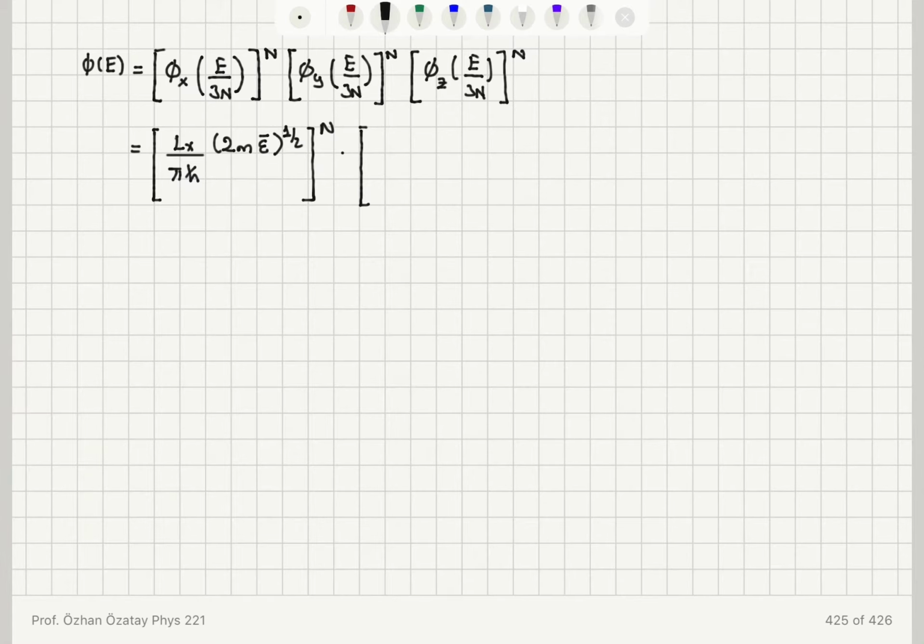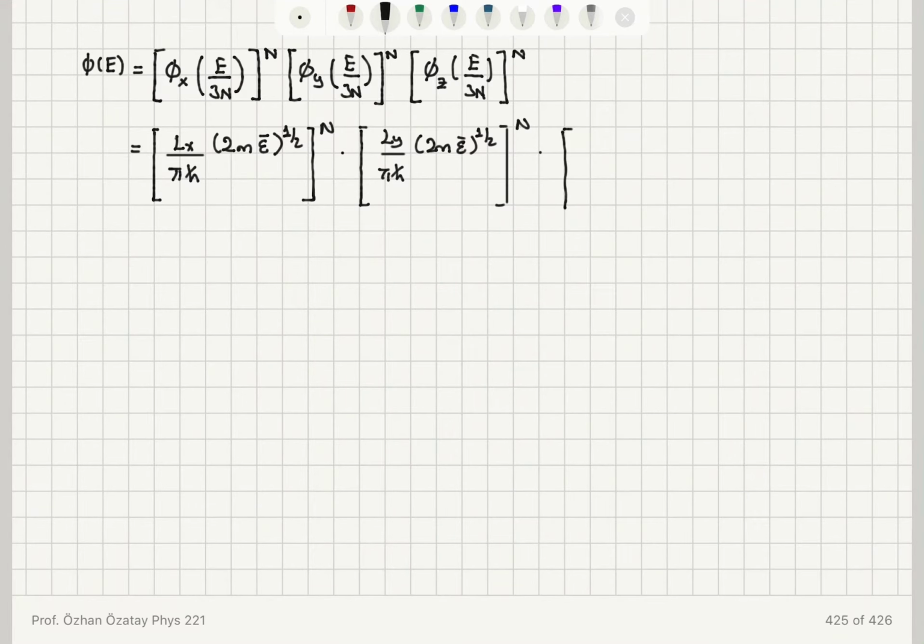Then I will have Ly divided by pi h bar, times the square root of 2m epsilon bar, to the power capital N.